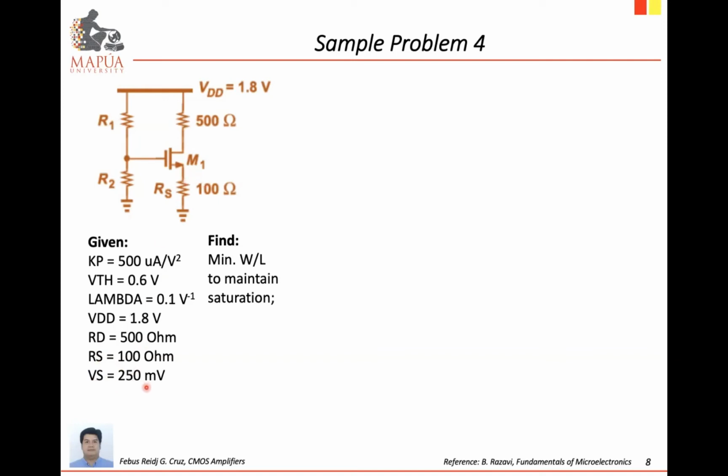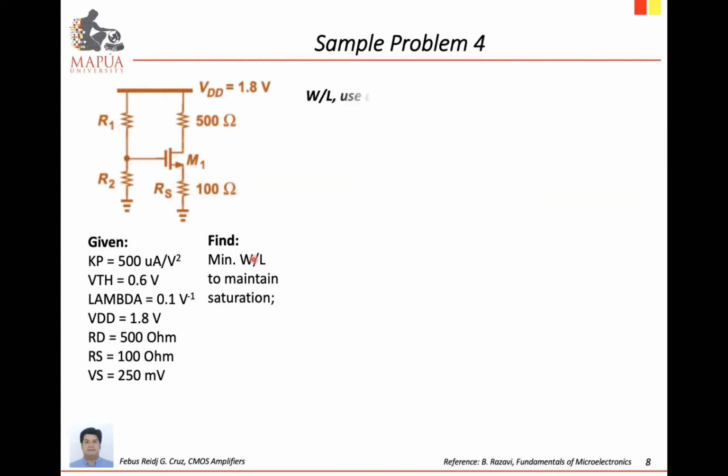So VS is 250 millivolts. We're asked to determine the minimum W over L to maintain saturation. The description to maintain saturation gives us the equation VDS must be equal to the VDS saturation, equal to VGS minus VTH.